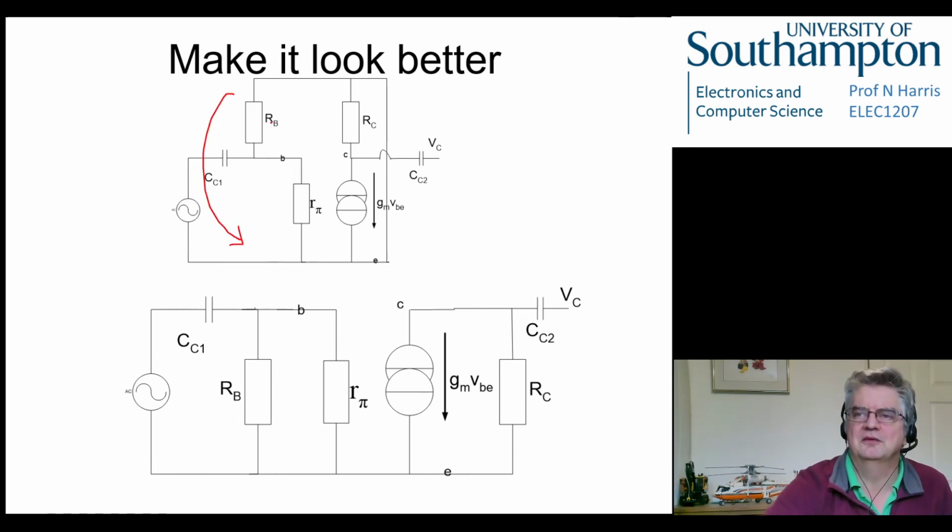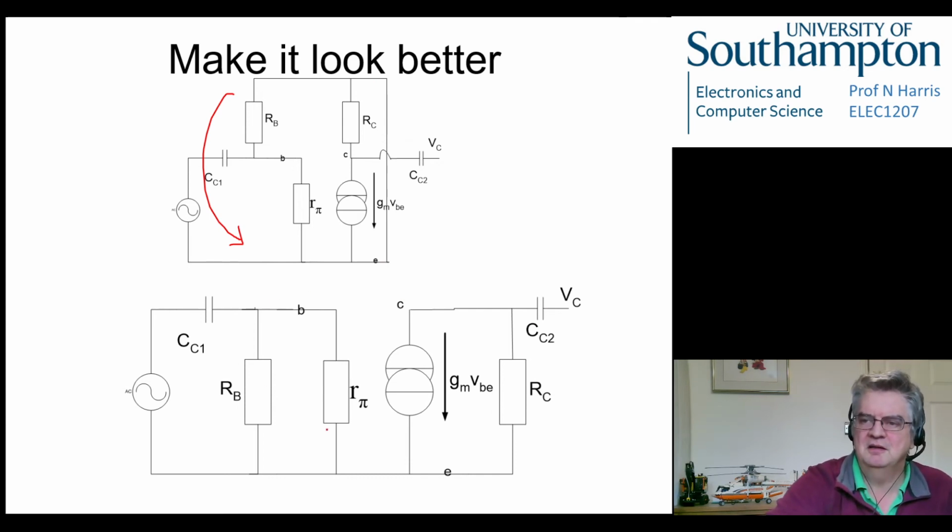It just folds back on itself, if you do a bit of visualization. So this point is at the same potential as this point, so this resistor can be drawn in parallel with R pi. I think that's sort of obvious. Likewise, RC is in parallel with GM-VBE because this point here is connected to this point here. So we can redraw this in this form.